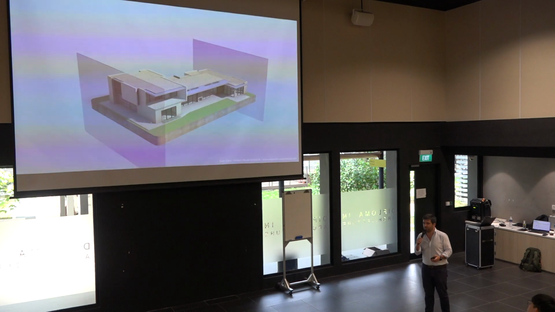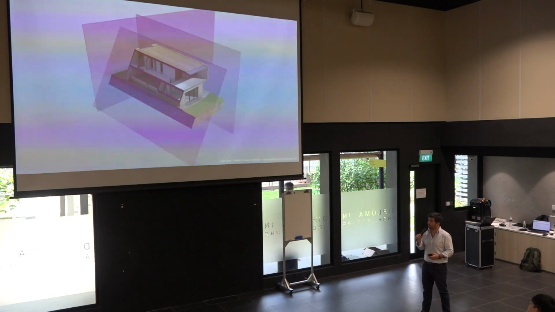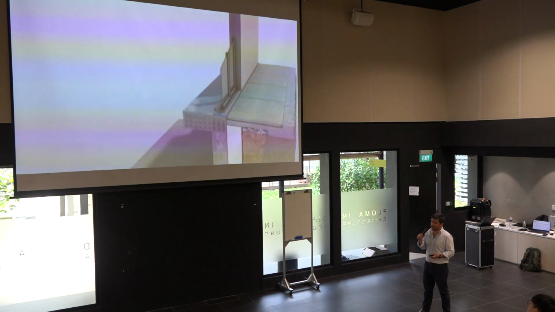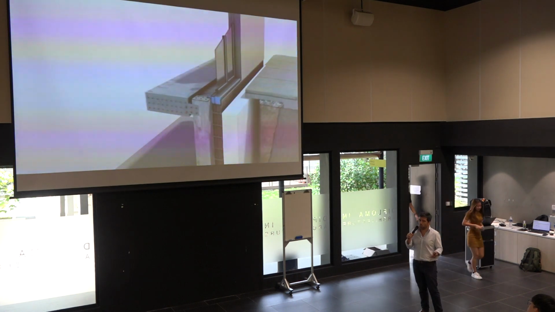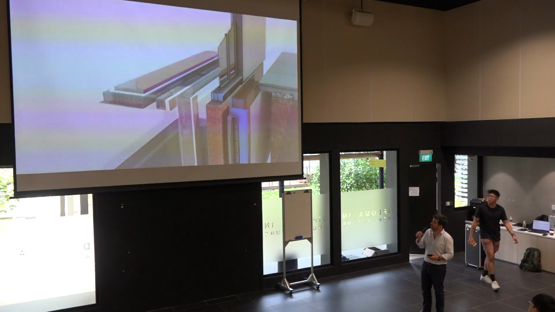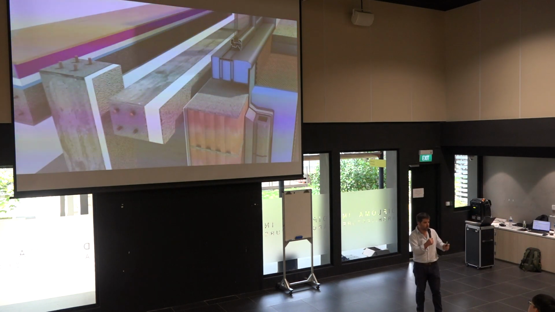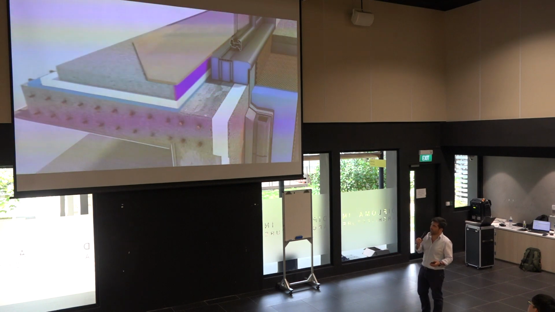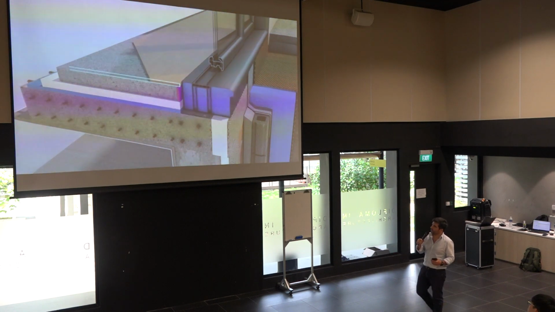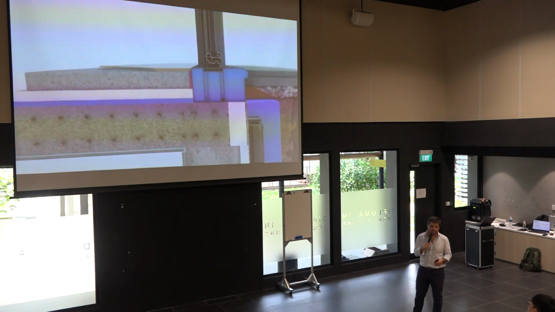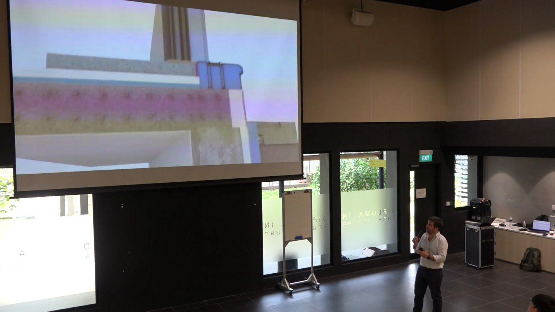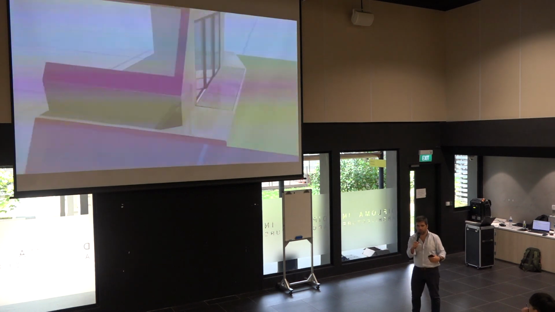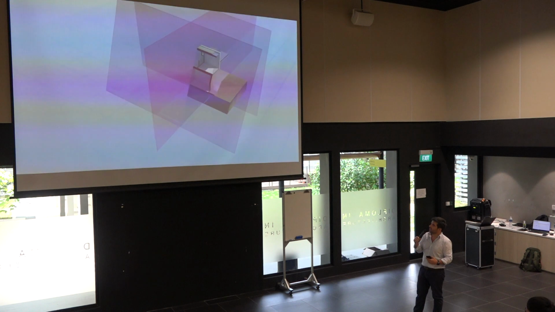Okay, another thing that is very important, especially for constructability, is the way the different building parts connect. When you have a wall intersecting with a slab, for example, a wall is not just one material and a slab is also not just one material. So with ArchiCAD we have this priority-based connections where you can see that different building materials will stop or will continue according to their priority.